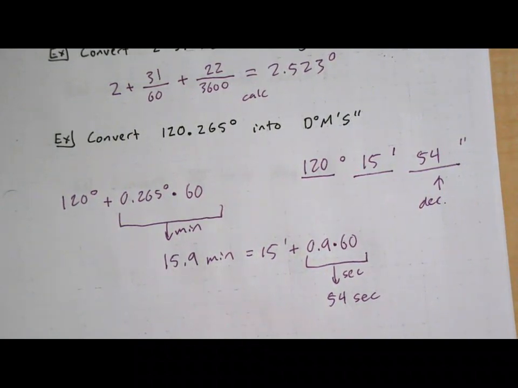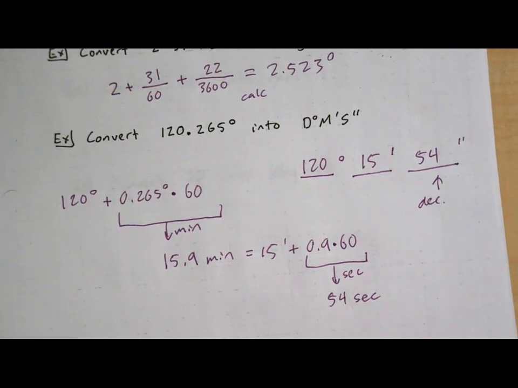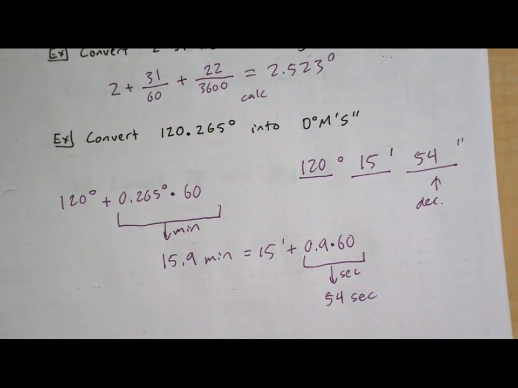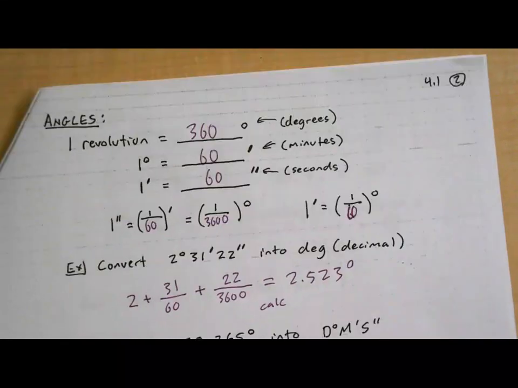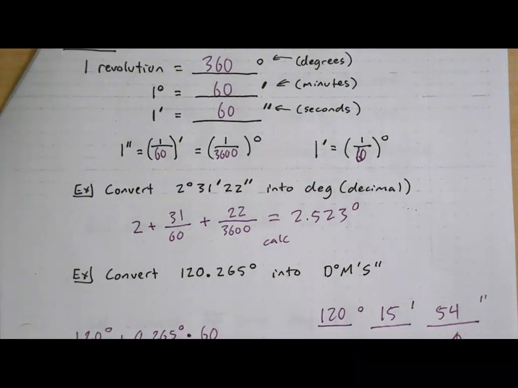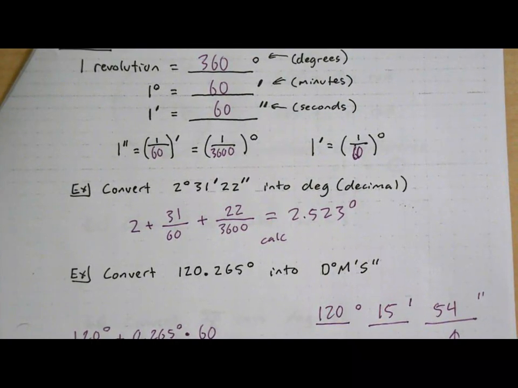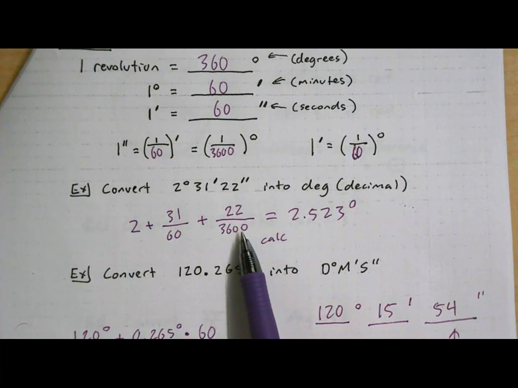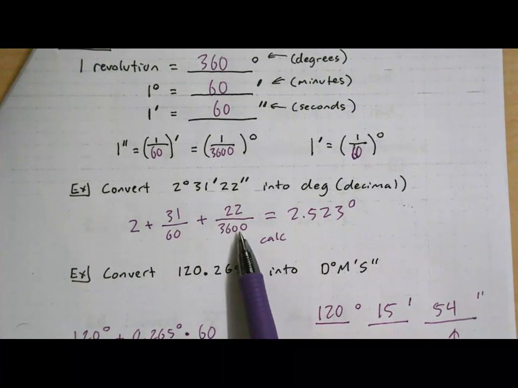Yep. So why is it when you're doing conversion from degrees, minutes, seconds to the decimal, why is it over 3,600 for the seconds? But in the decimal, it's the degree.